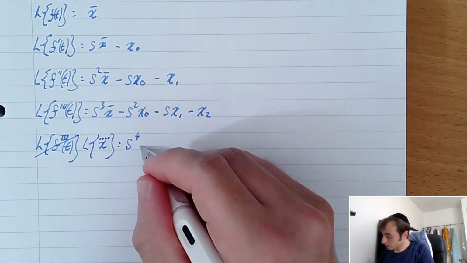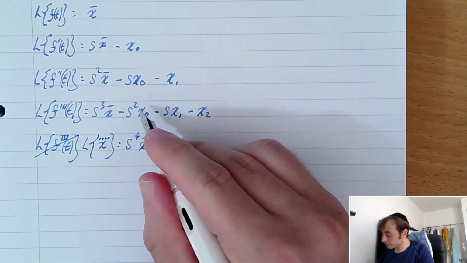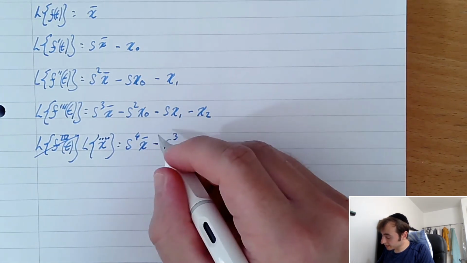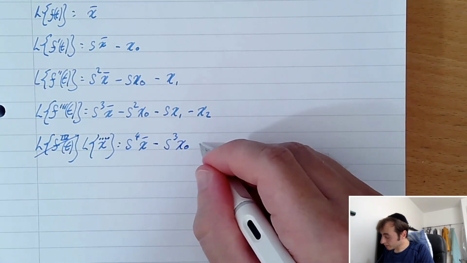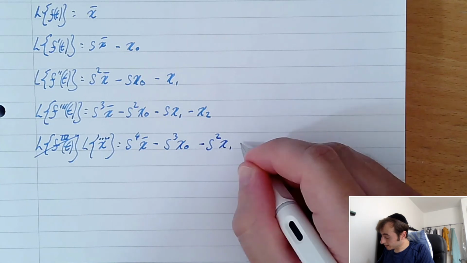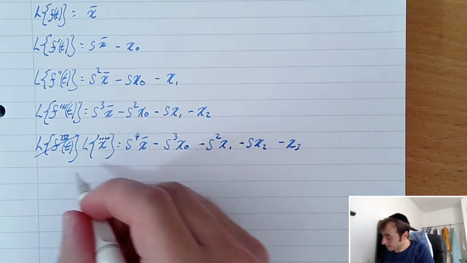s to the 4 x bar minus, you see you've got descending powers of s here, s to the 3, 2, 1, 0, s to the 4 minus s to the power of 3 x 0 minus s squared x1 minus s x2 minus x3.